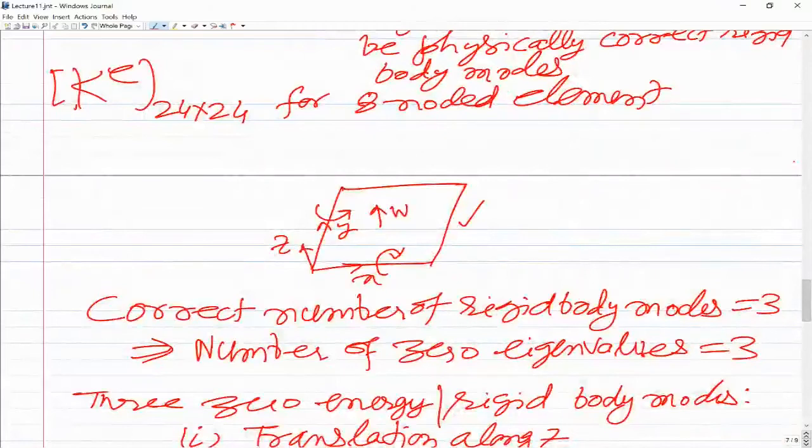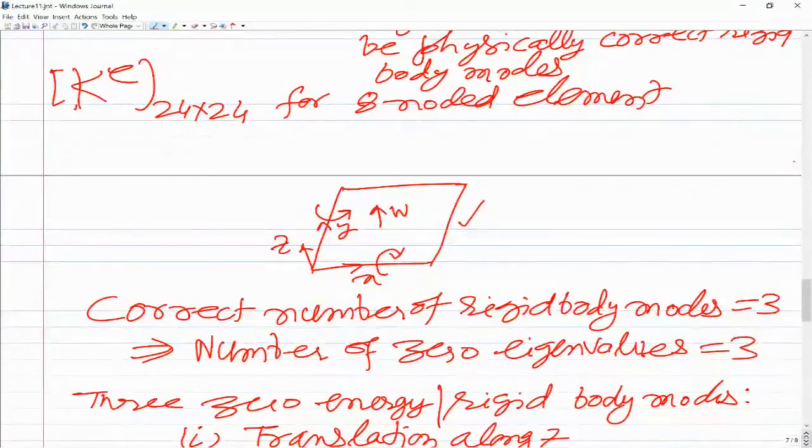And then for rotation about the x axis, you will find that theta y, which is the rotation about the negative x axis, would be non-zero and the same at all the nodes, and the w values will correspond to that.